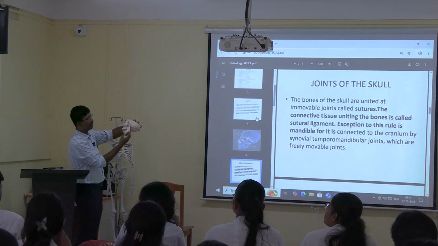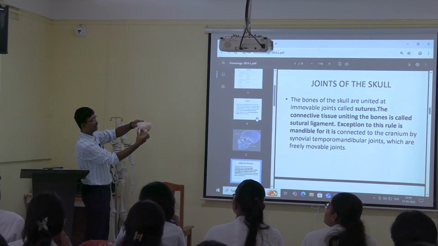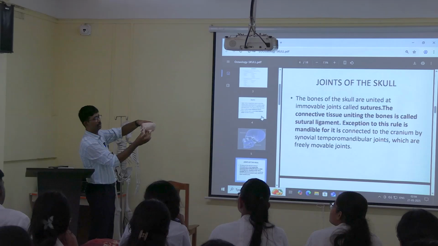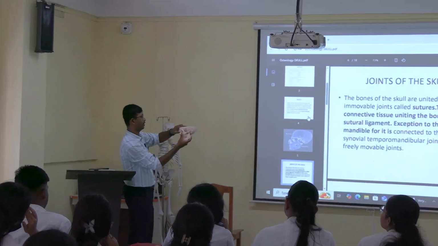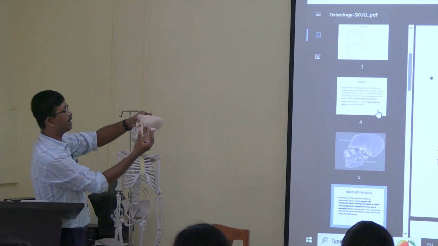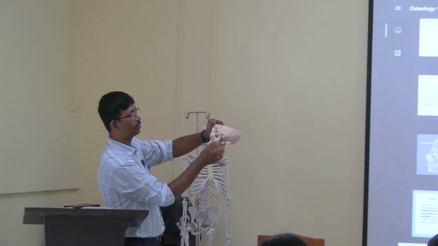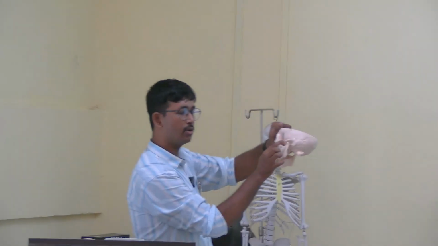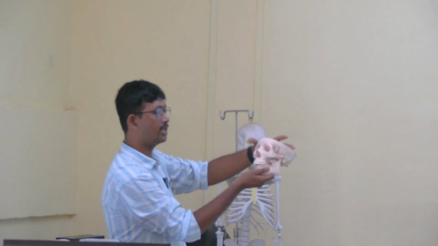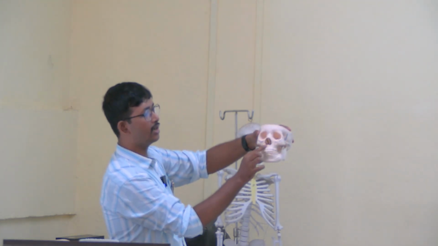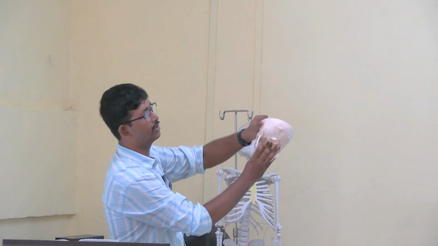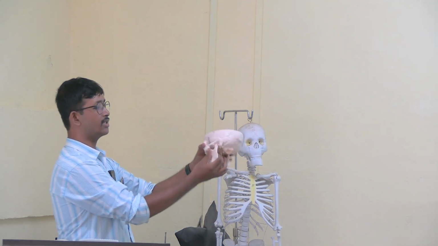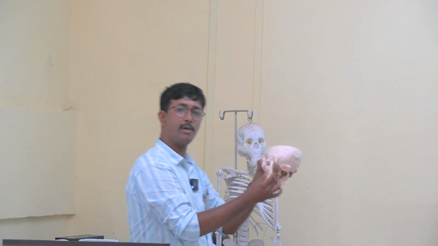The mandible is attached to the base of the skull through a synovial joint. All the other joints are sutures, but here the mandible is joined through a synovial joint. This is not a suture. This is the one exception; all the other bones are joined together by sutures. This synovial joint is known as the temporomandibular joint.